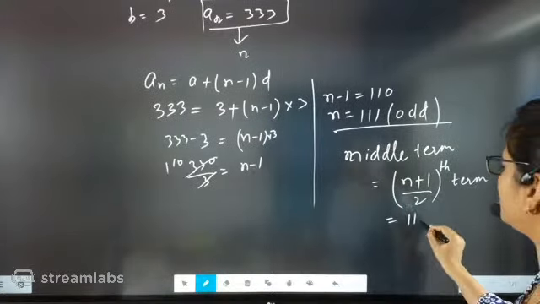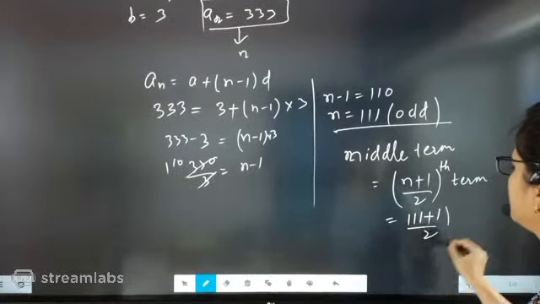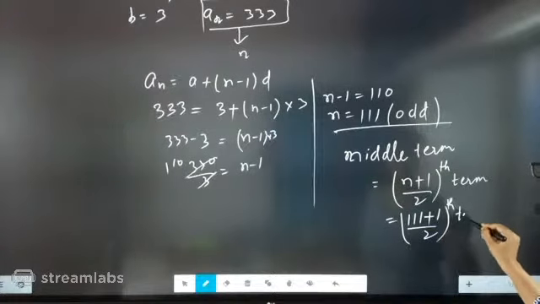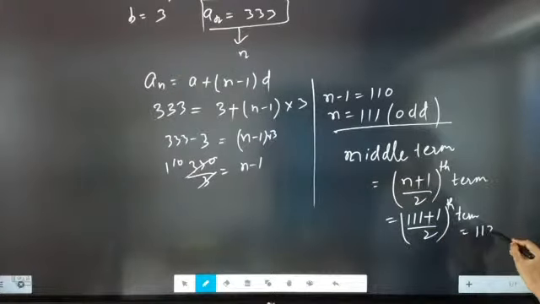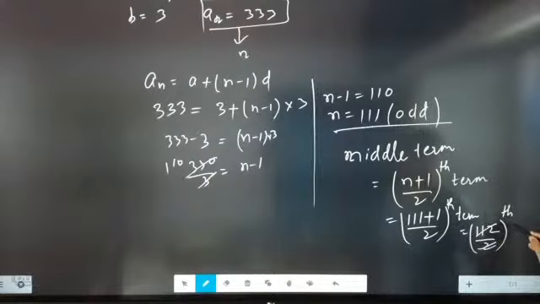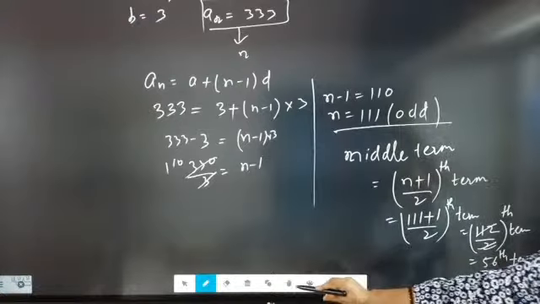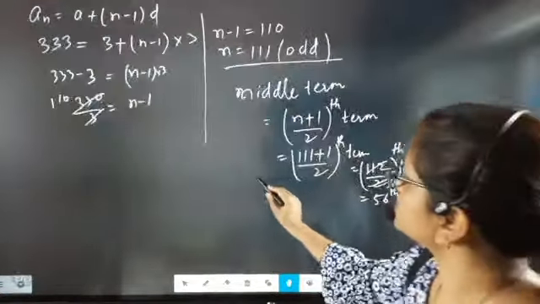That is 111 plus 1 by 2 th term. So here it is 112 by 2, so it is the 56th term. It will come as the 56th term.